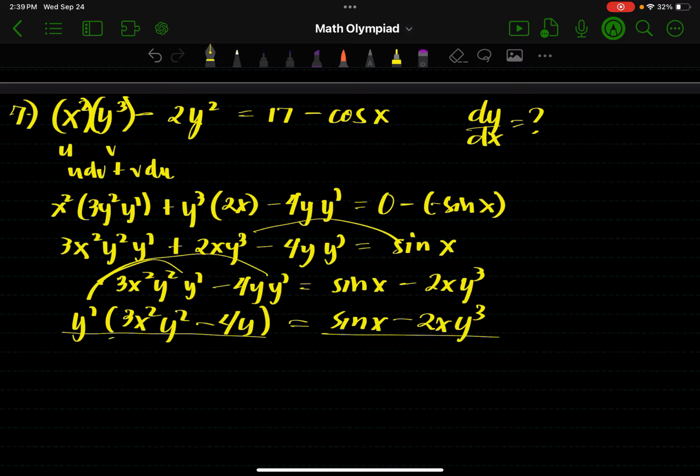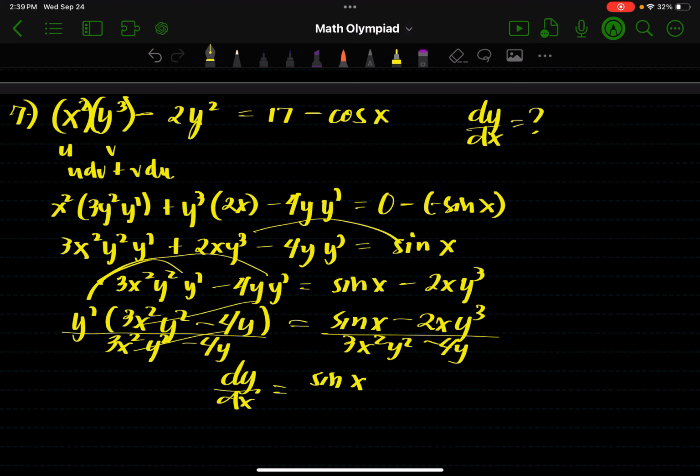Divide both sides by 3x squared minus 4y. Cancel. So y prime, or dy over dx, is equal to sine x minus 2xy cubed all over 3x squared minus 4y. And this is the answer for number 7.